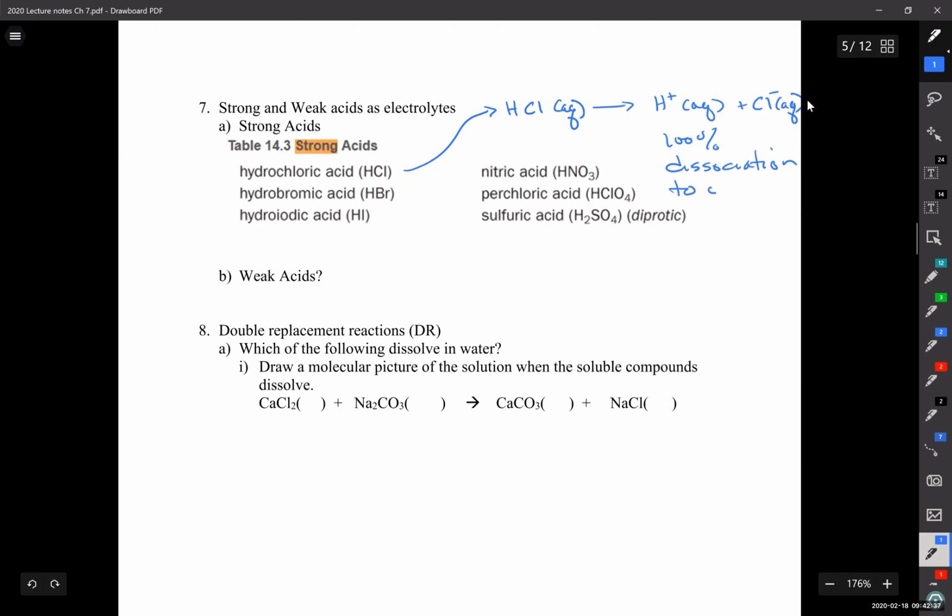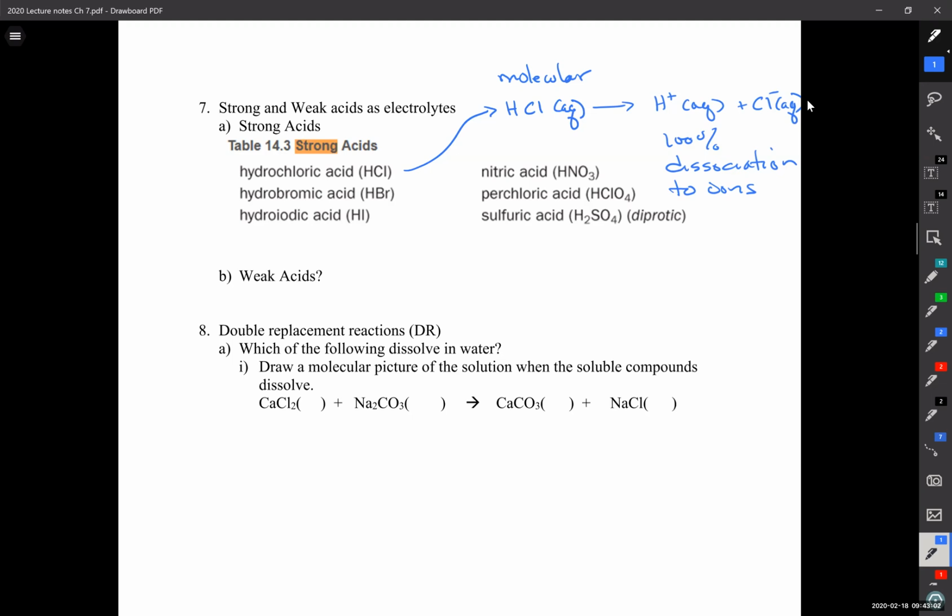Two ions. So just like ionic compounds, they're in a class by themselves, because these are actually molecular compounds that produce ions in solution, just like ionic compounds do. So these are the strong ones.